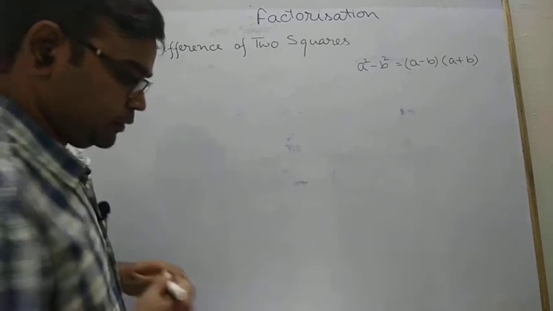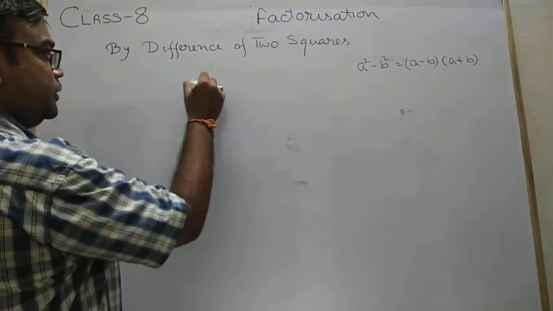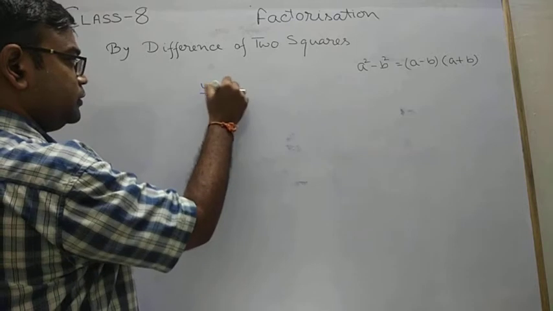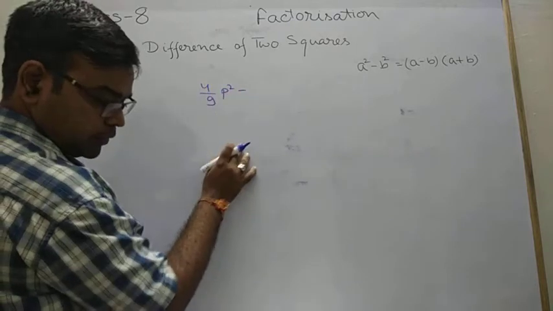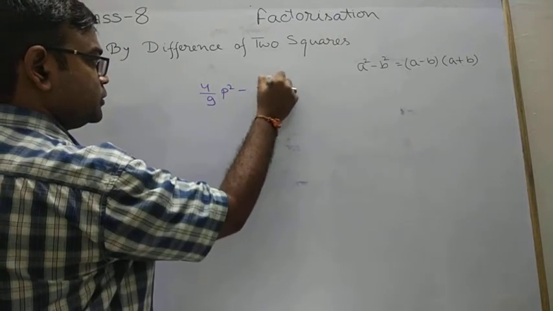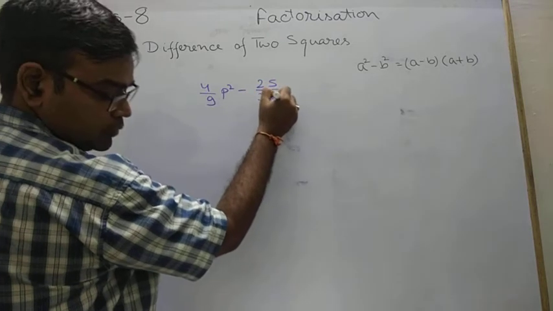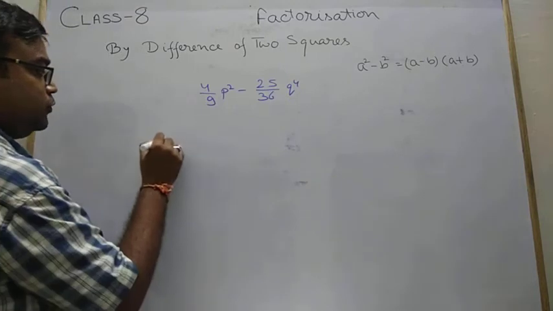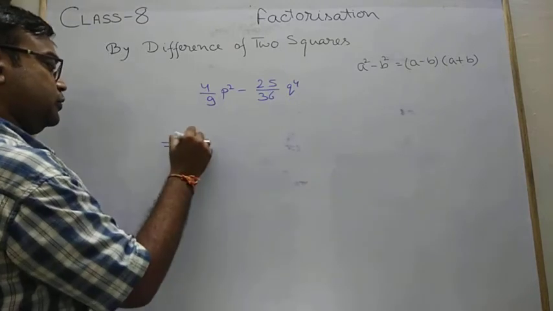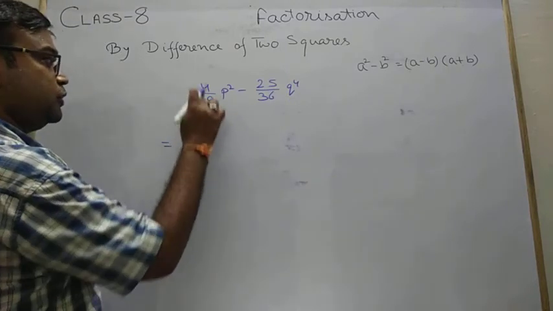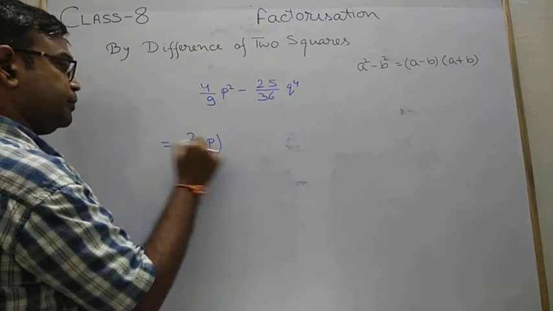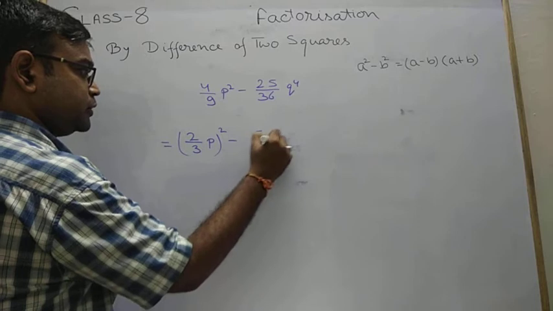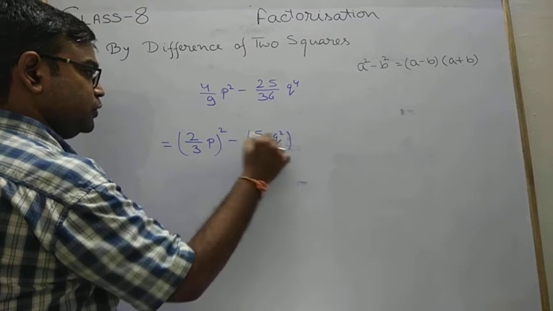This is a combined one. It's 4 upon 9 p square minus 25 upon 36 q to the power 4. So here we can easily write down 2 upon 3 p, because 2 twos are 4, 3 threes are 9, whole square, minus 5 upon 6 q square whole square.